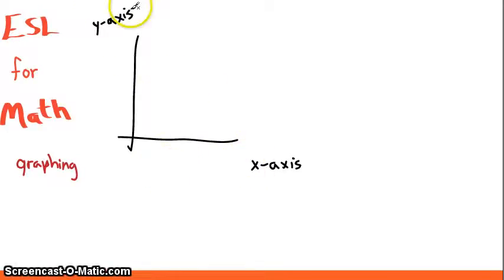Secondly, we don't actually need to write x-axis and y-axis, but we do need to write the label for what's on the x-axis. So on the x-axis, I'm going to put year. Okay, and then I'm going to make some marks. These are called tick marks. Tick, like a clock goes tick-tock.